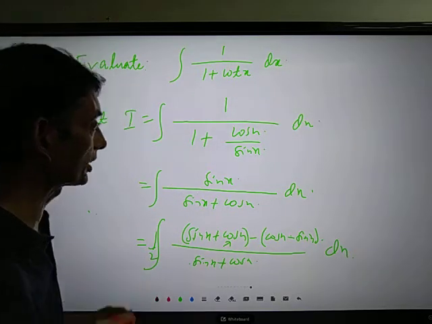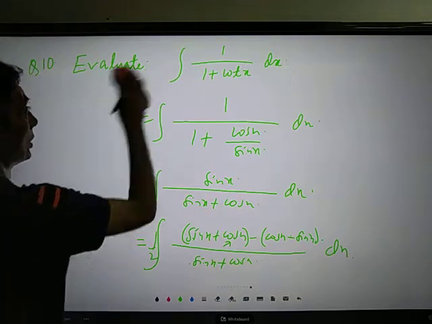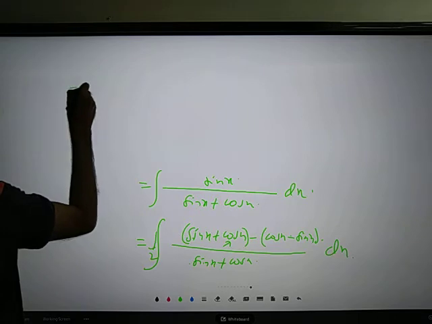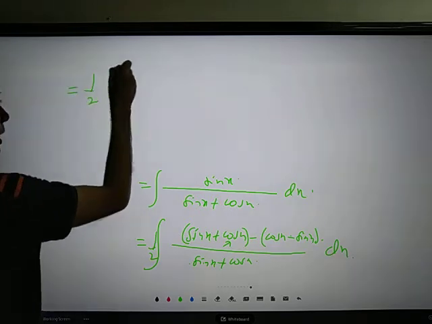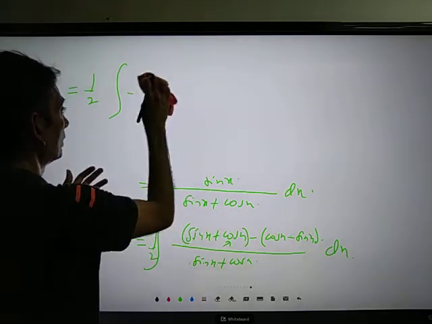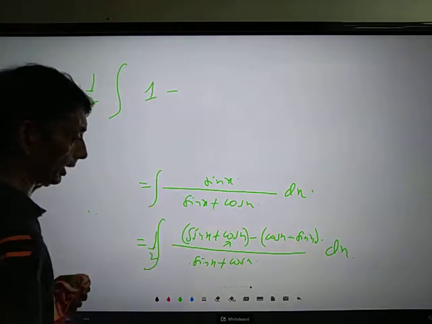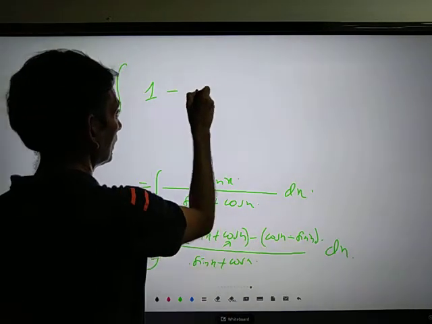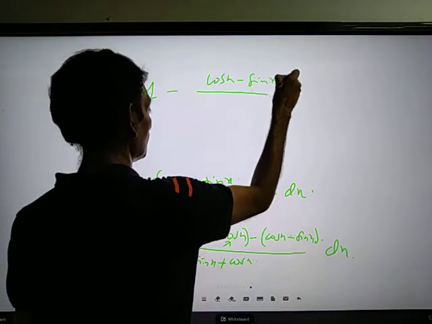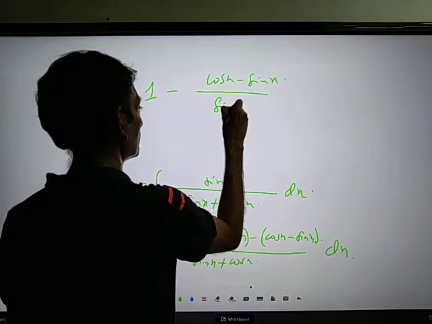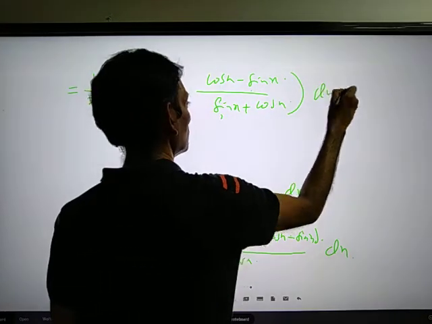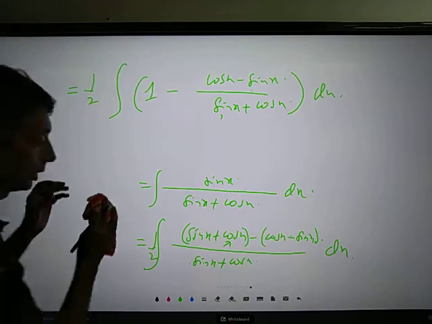So what should be the next step? The next step is that we separate the integral. We divide this expression by this, so we just get 1. So this is 1 and this is minus, and this will be cos x minus sin x over sin x plus cos x, dx.